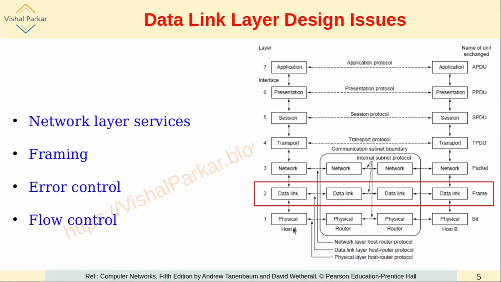So the physical layer will accept the frames from the data link layer, and the actual bits in the frames will be transferred over the physical channel, and at the end the physical layer will hand over those bits to the data link layer at the destination machine.